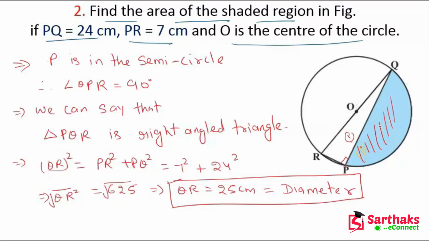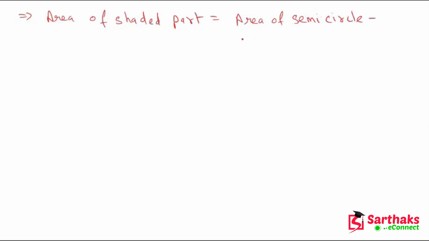Then we get the area of this shaded part. Okay, so we can write here: area of shaded part is equal to area of semicircle minus area of triangle PQR.